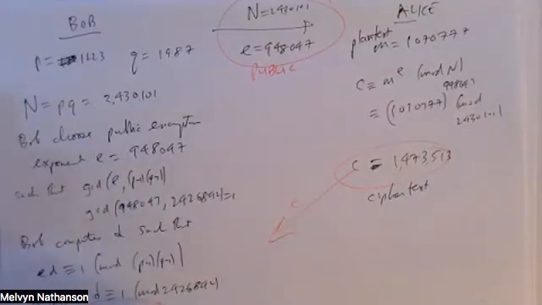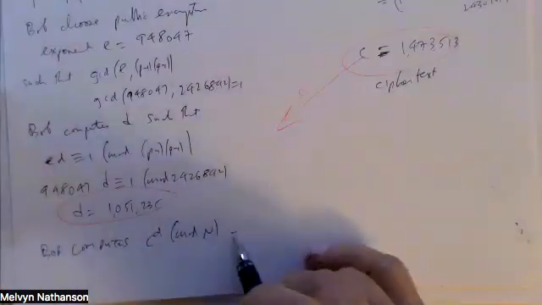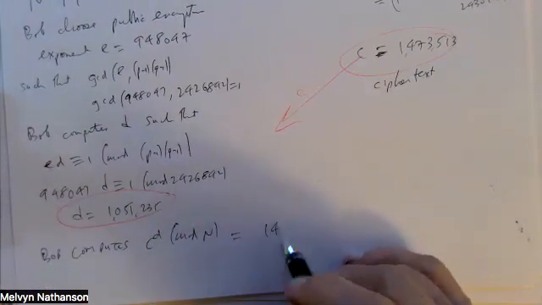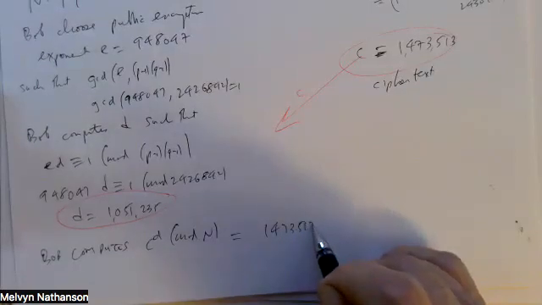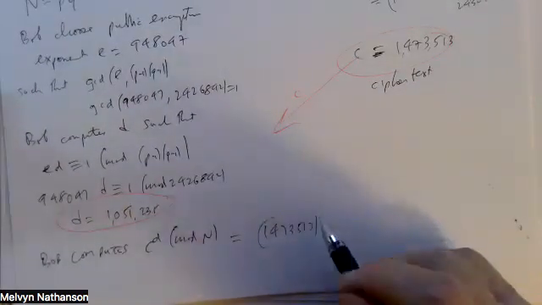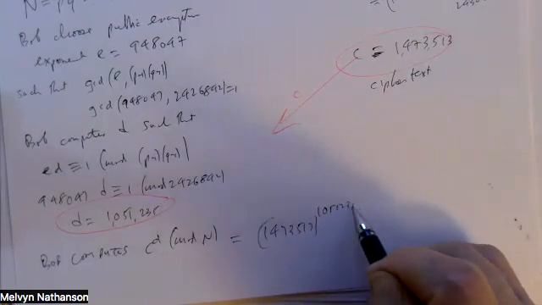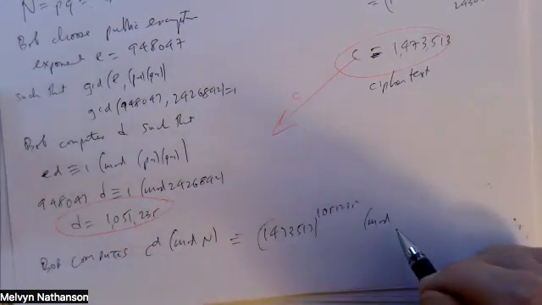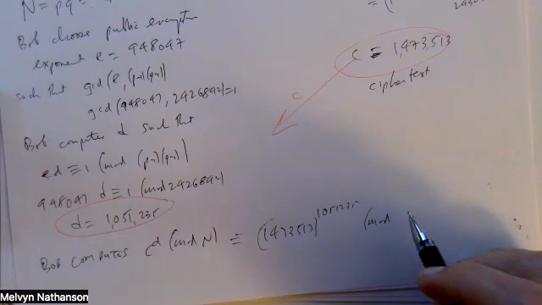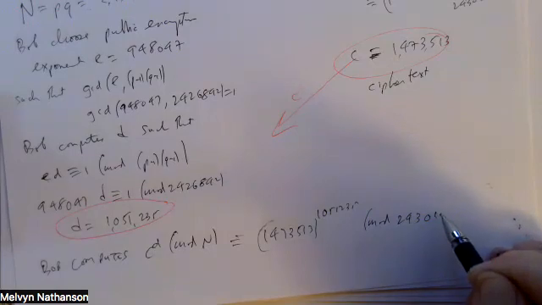Bob computes C to the power D mod N, which is, I mean, these are big numbers, not huge, but big numbers. 1,473,513 raised to the power 1,051,235 and reduced modulo N, 2,430,101.